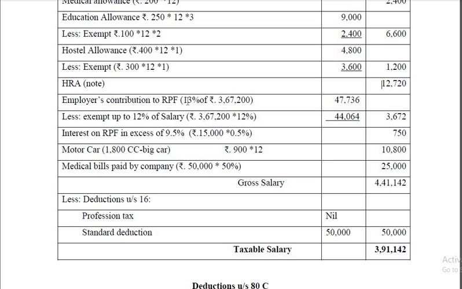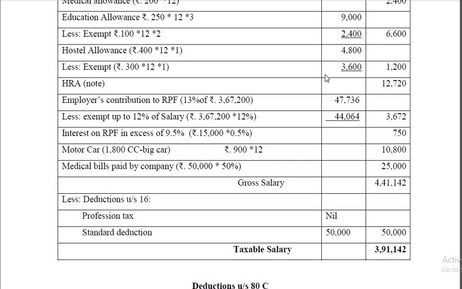Employer's contribution to recognized provident fund, 13%, means 47,736. Employee's salary for contribution to recognized provident fund is 3,67,200. Up to 12% it is exempt. So what is 1% of the employee's salary?